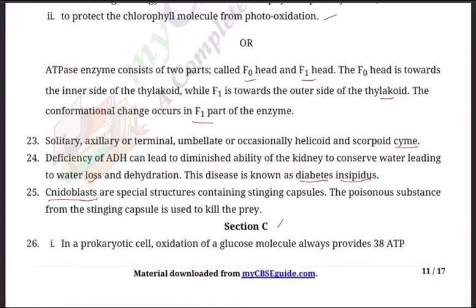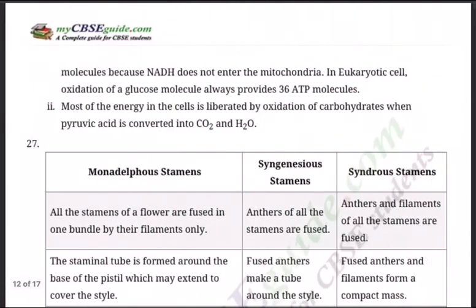Now section C consists of 5 questions. Each question carries 3 marks, so 5 into 3, 15 marks. Since it is a 3-mark question, you have to write around 5 to 6 sentences. So question number 26. In a prokaryotic cell, oxidation of a glucose molecule always provides 38 ATP molecules because NADH does not enter into mitochondria.